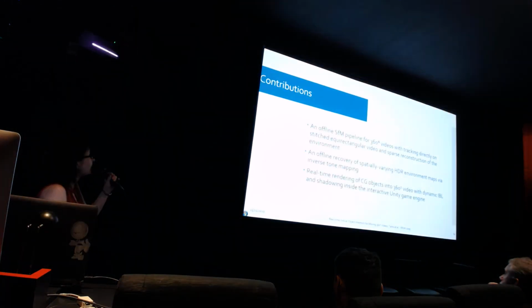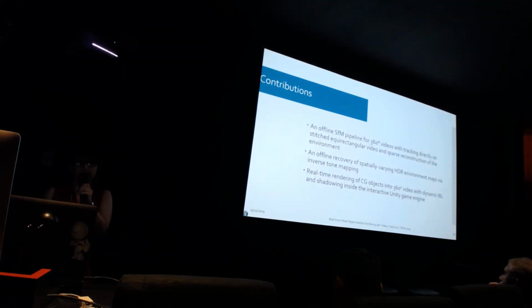So to sum up, our contributions were an offline structure from motion pipeline that works for 360 videos, with tracking directly on equirectangular images and some sparse reconstruction of the environment.